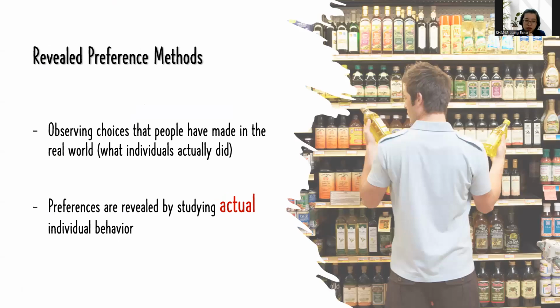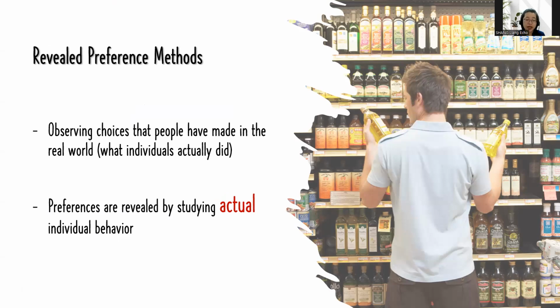So first of all, what is revealed preference method? So briefly speaking, this method relies on the actual behaviors, the actual choices that individuals have already made in reality. We use the actual behaviors of these individuals to understand what they prefer, what they value, what are their considerations when they purchase a certain product or a service.